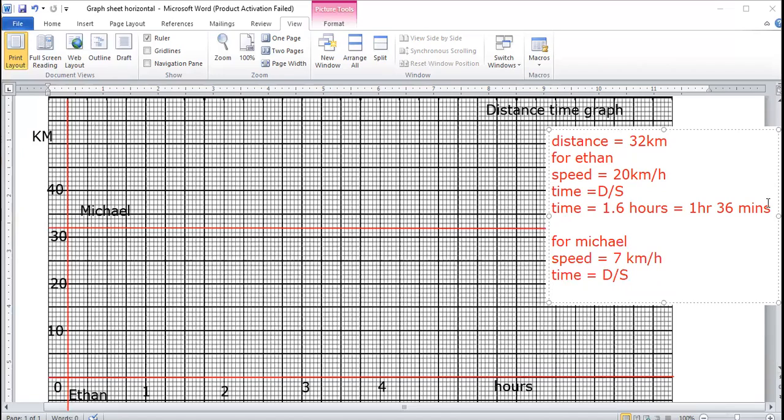So when I do the same working over here again, a very haphazard time is coming over here, 4.571 hours. When it's 7 kilometers, so 32 divided by 7 will be a little bit more than 4.5. Okay, the time is coming 4.57.